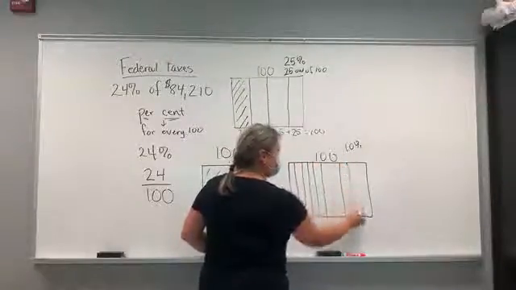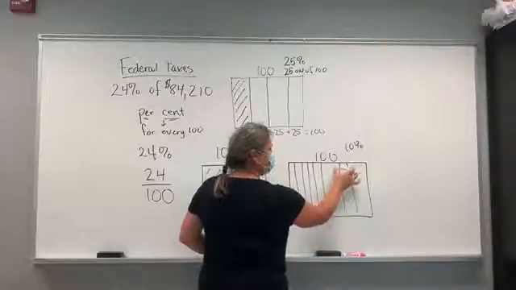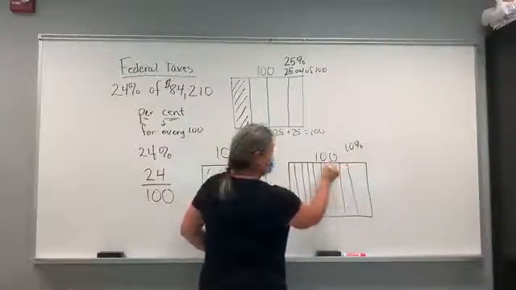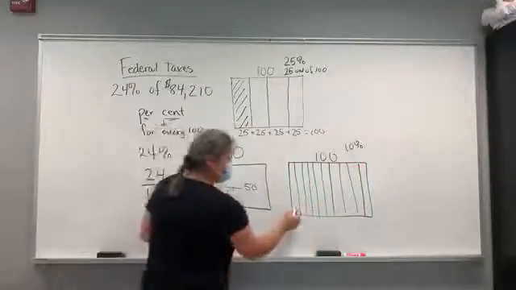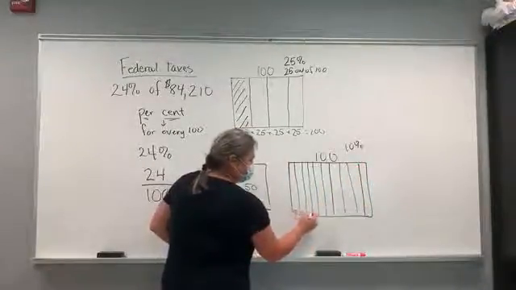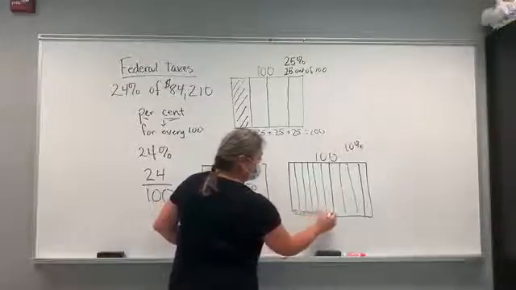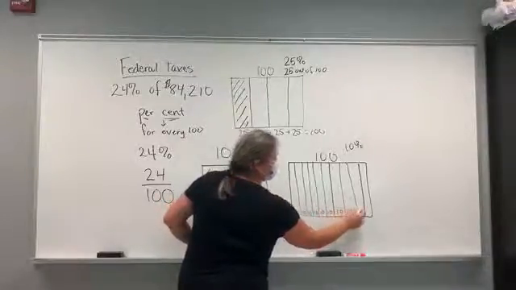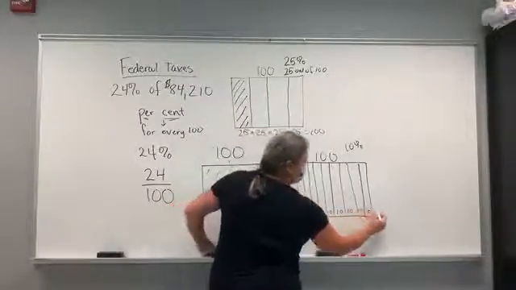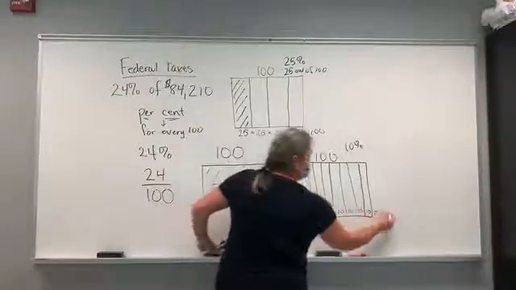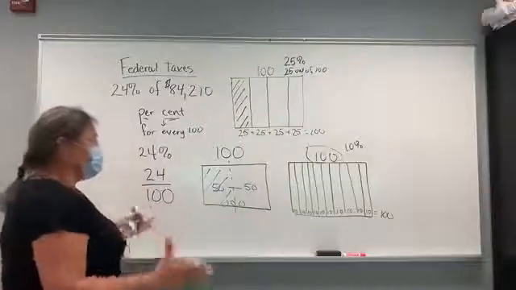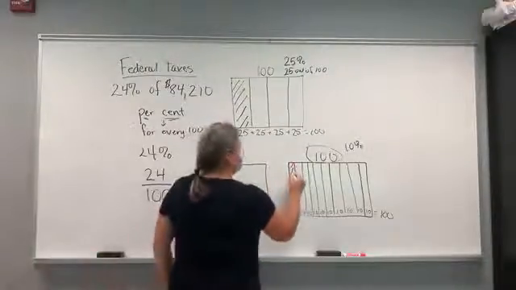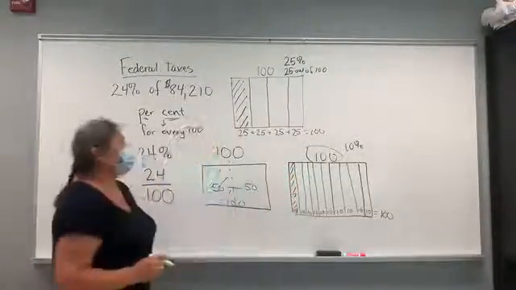When you split it up into parts, if you're doing a 5, it's best to put the middle chunk there and then put the other 2 on the side. So we have 10, 20, 30, 40, 50, 60, 70, 80, 90, and 100. If we add all these things up, we know we have 100 because we started with 100. So 10% would be 10 out of 100. That's this little chunk right here.